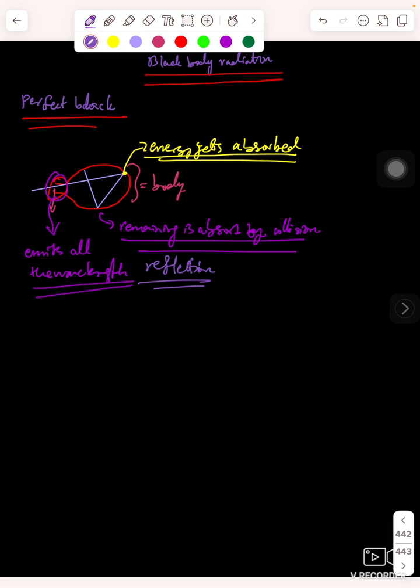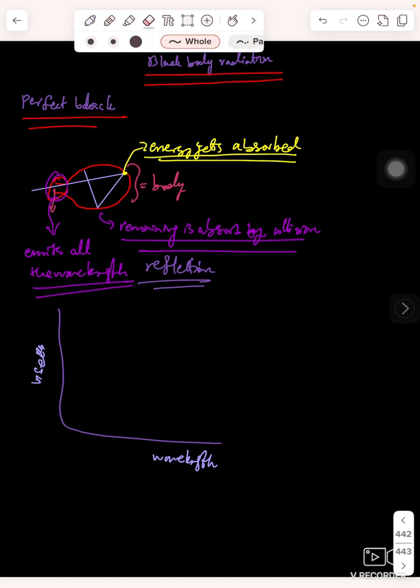Okay. Now here, we draw the graph of this experiment with the wavelength and intensity, which is light.